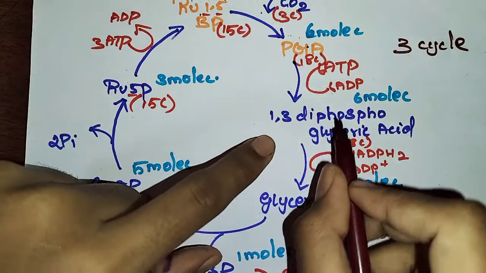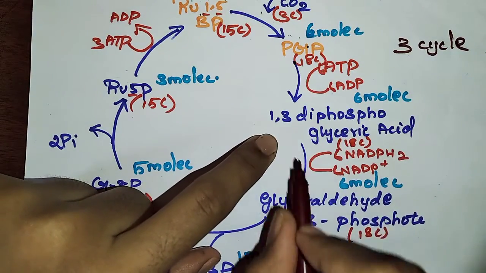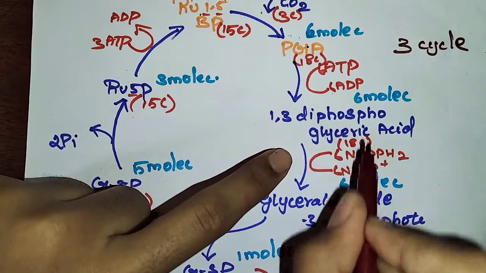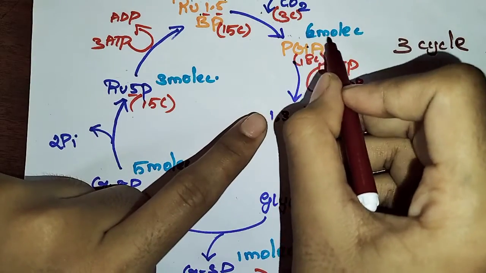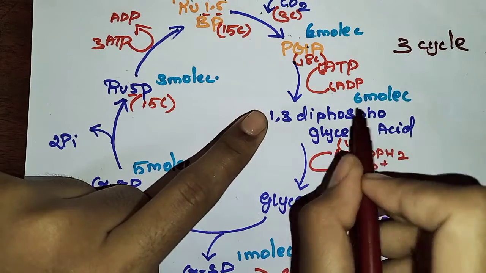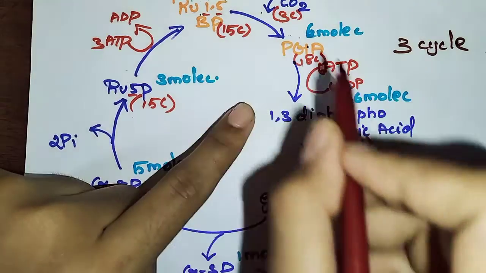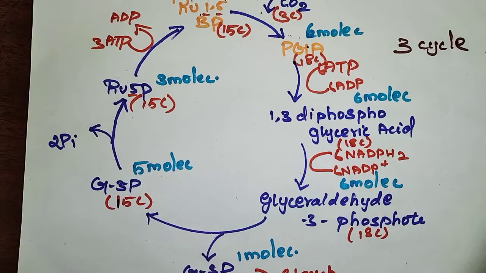Next, this uses 6 ATP and forms 1,3-diphosphoglyceric acid, and all are 6 molecules. If you divide this by 3, you get 2 molecules. That's what I say, I drew 3 cycles.